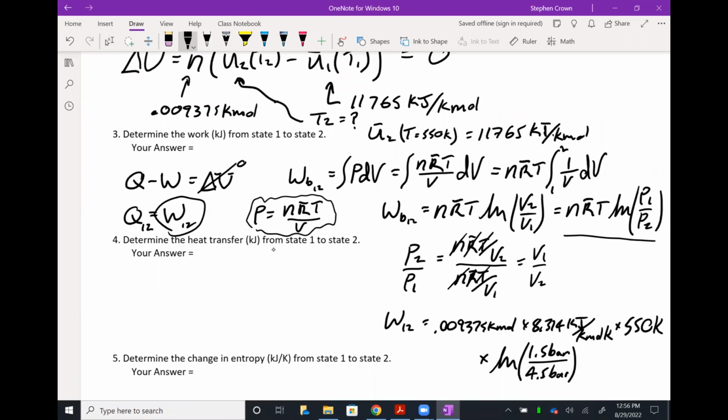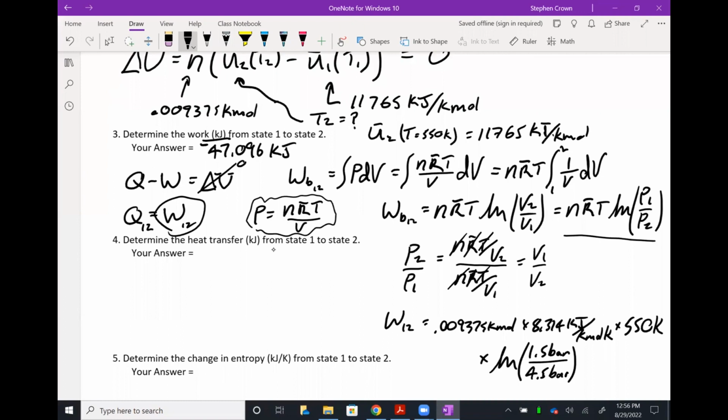And we work that all out on our calculator, and we end up with negative 47.096 kilojoules, although on the answer sheet you don't need to enter the units since they're specified in the problem.